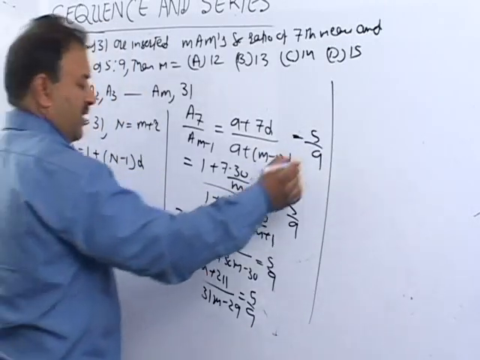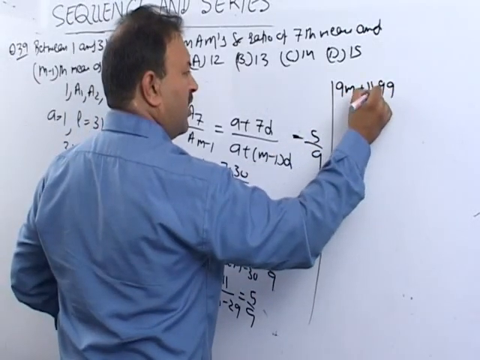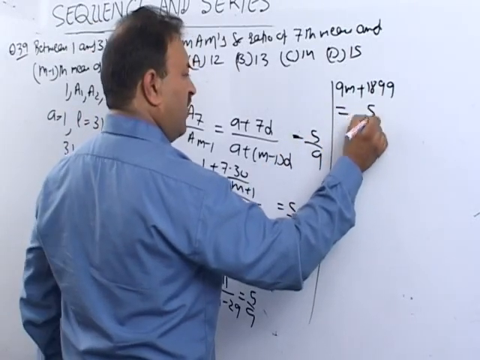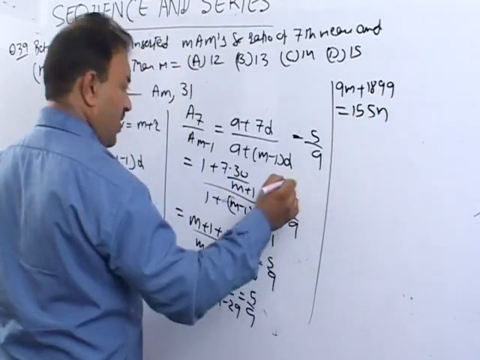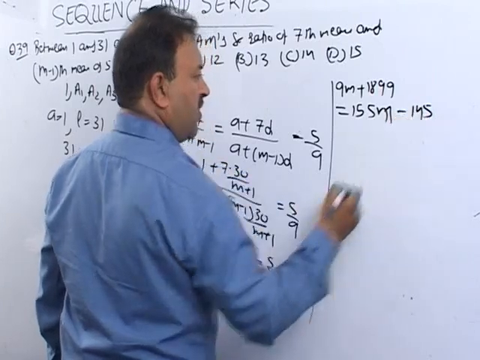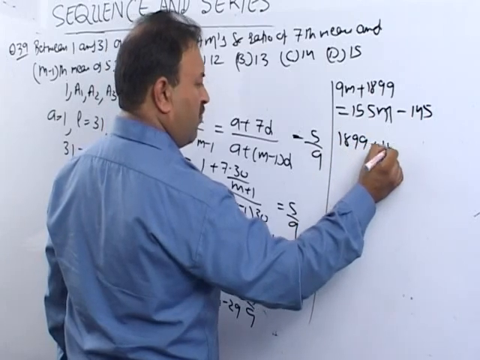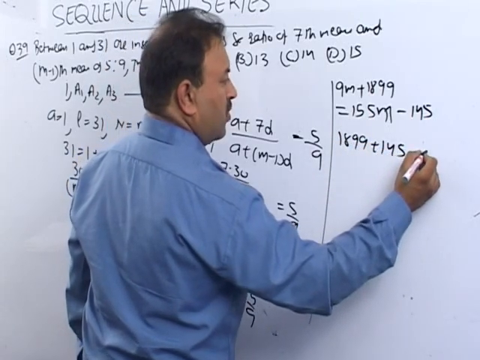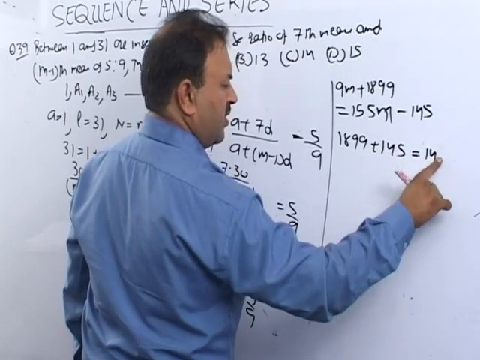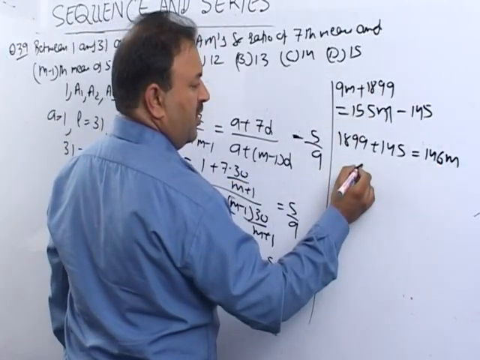Now cross multiplying, it is 9m plus 1899 is equal to 155m minus 145. Then bringing m over here, 1899 plus 145 is equal to 146m.